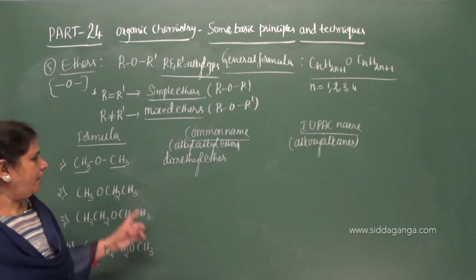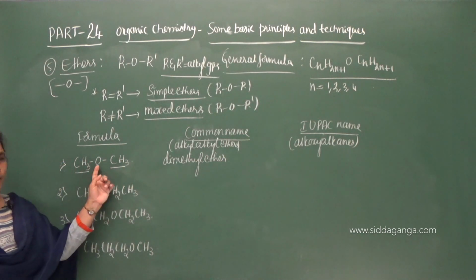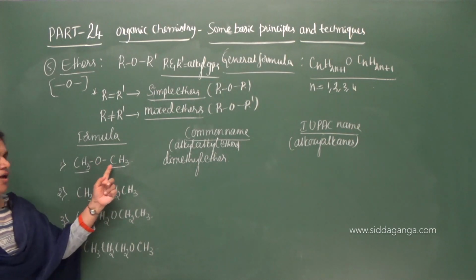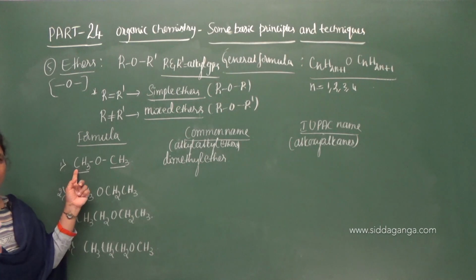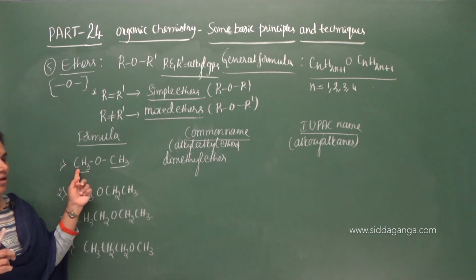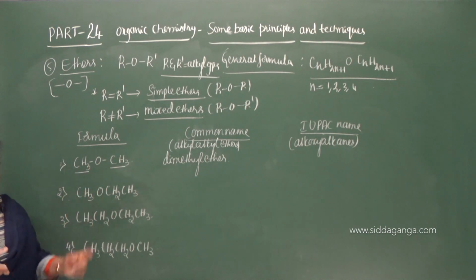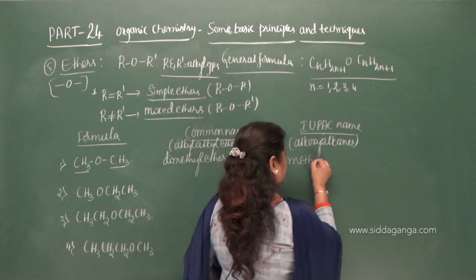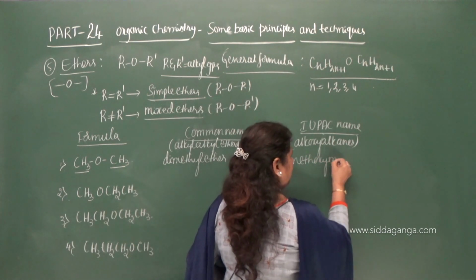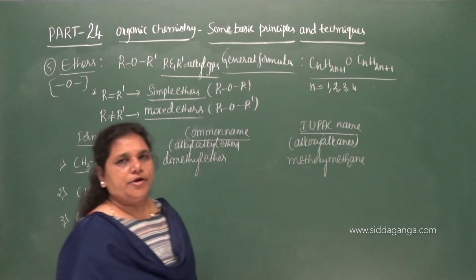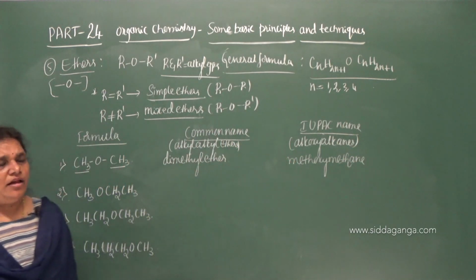Okay, now take one of the methyl groups along with the oxygen, then it will be methoxy. Left with one more carbon, hence the root word will be methane. So methoxymethane is the IUPAC name of dimethyl ether.